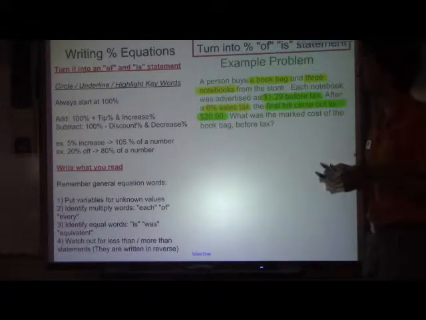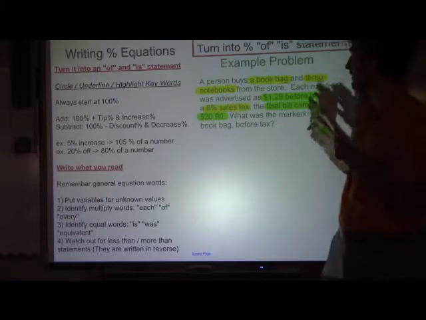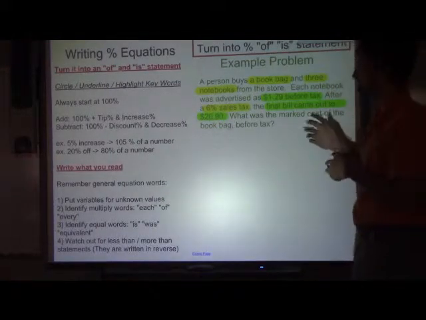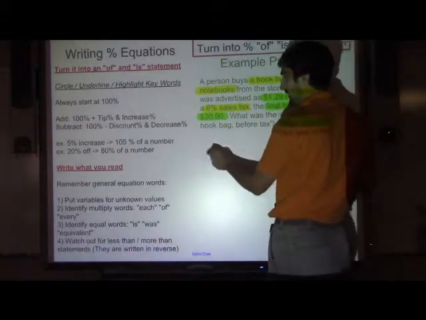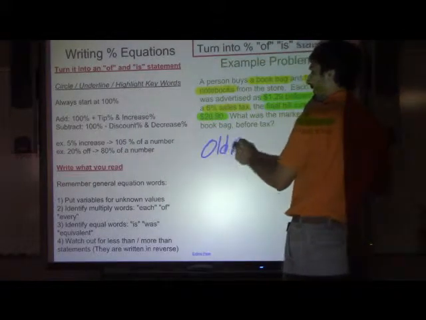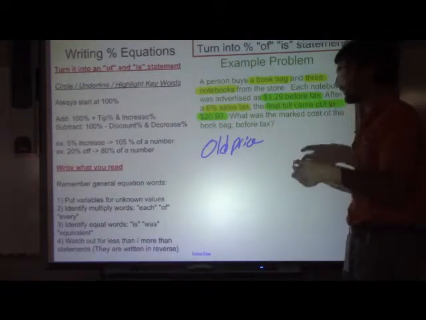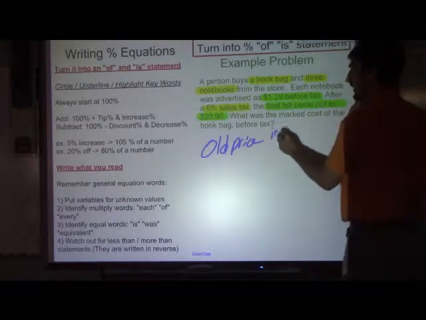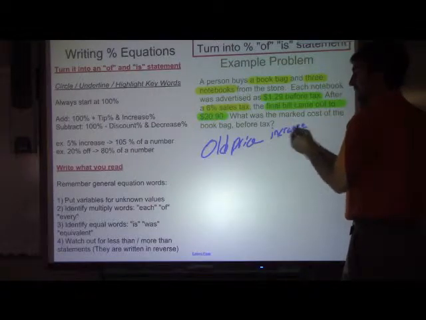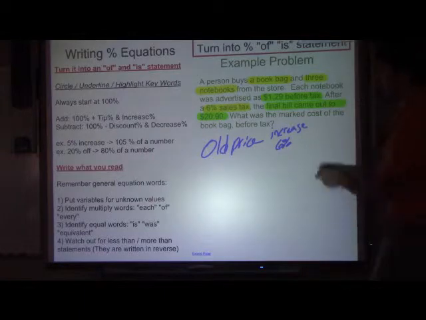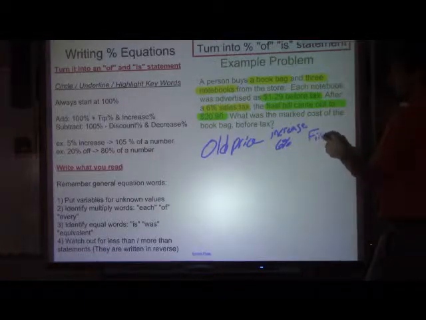Now the next thing I would do is turn these into a percentage of an is statement. In this particular problem, we buy an object, so we have an old price, and then we increase it by 6%, and that gives us our final price.